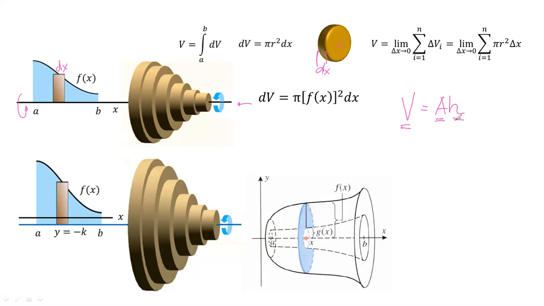So that would be the height or the thickness of that thing. So if I have this area rotated here, the area of the face will be the area of this differential element.